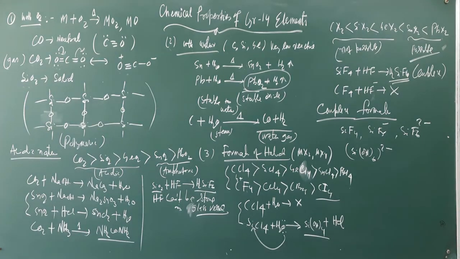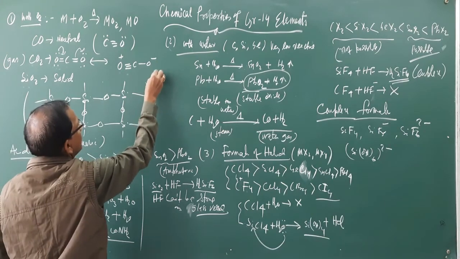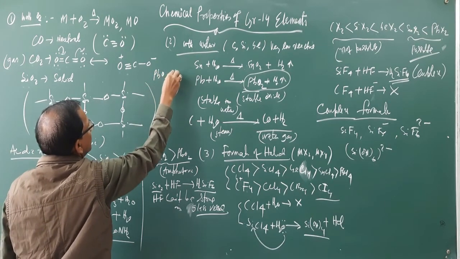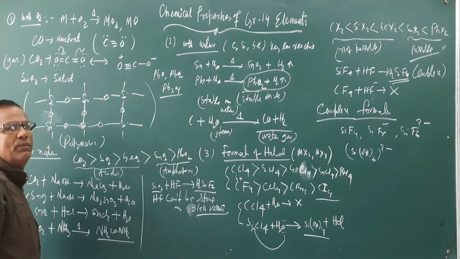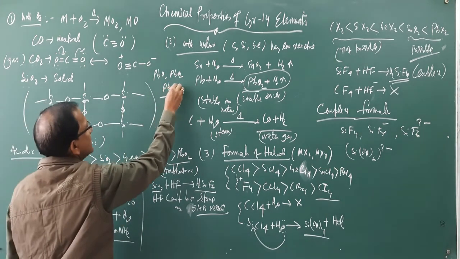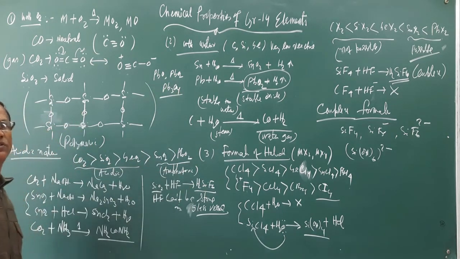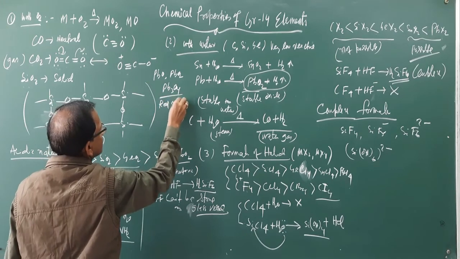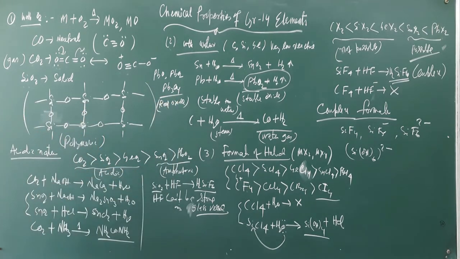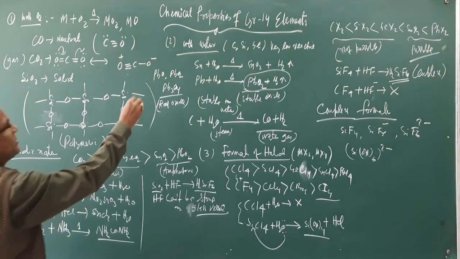Another thing, for some extra questions, the oxides: Pb exists as PbO, PbO2, and Pb3O4 also exists. Pb3O4 is called red lead oxide.